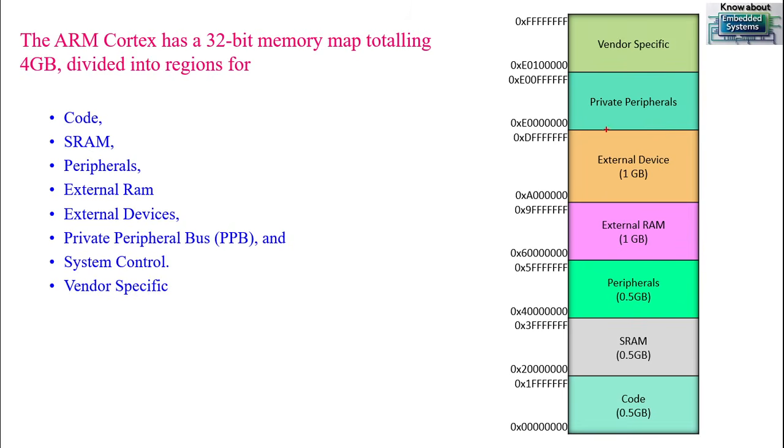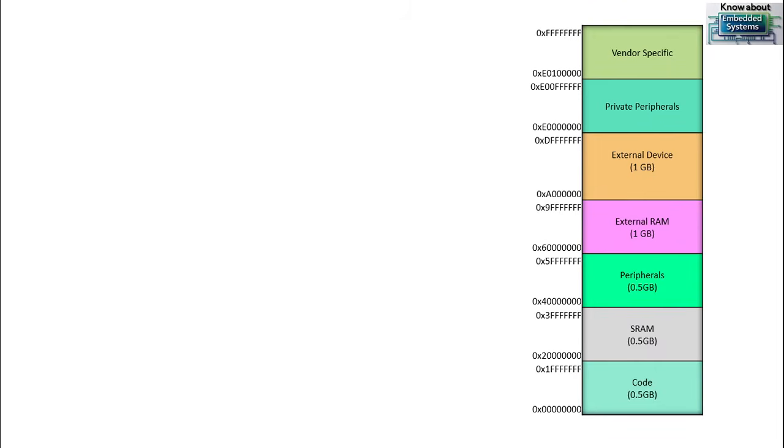And if you want to interface any external peripherals other than the regular peripherals, that is also assigned 1 GB. Then we have private peripherals related to the processor, and then vendor specific memory. So this is the complete memory mapping of your ARM Cortex processors.